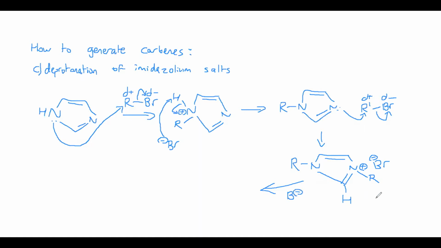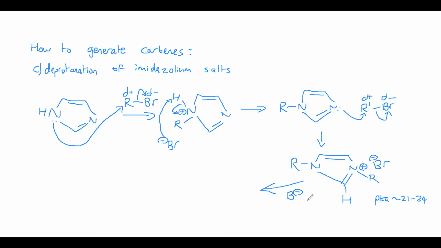The pKa of this proton is around 21 to 24. So it's got middle acidity. The alpha proton of a carbonyl group is around the same as this. So it's got mild acidity.